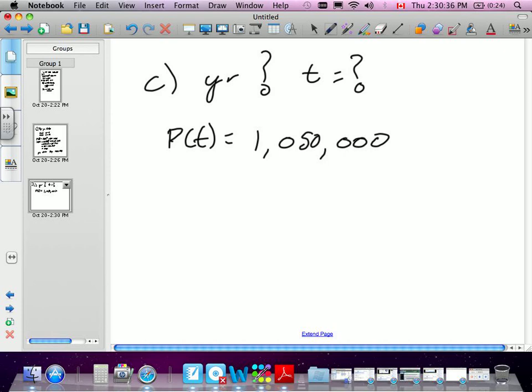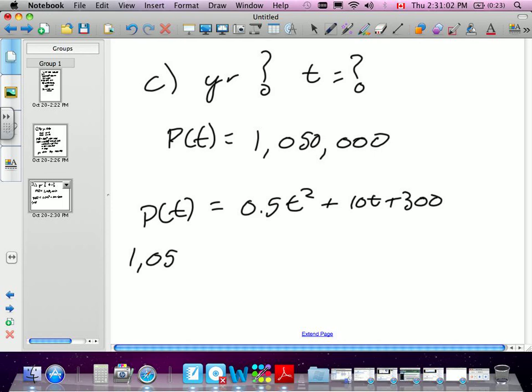So in other words, we take our population equation and I'm going to be plugging in 1,050,000 for our P at t. That's how you isolate t.